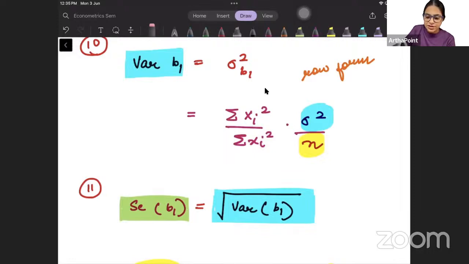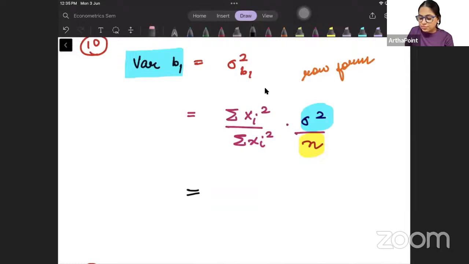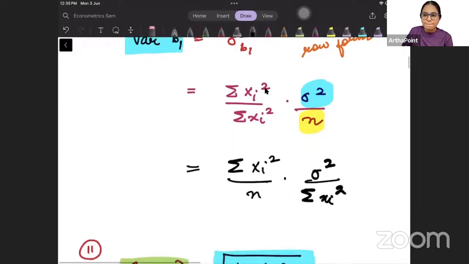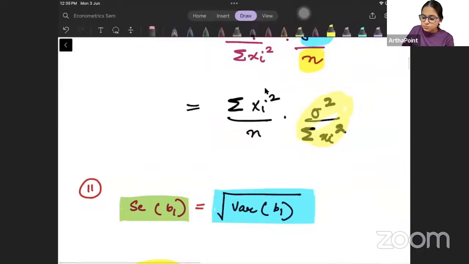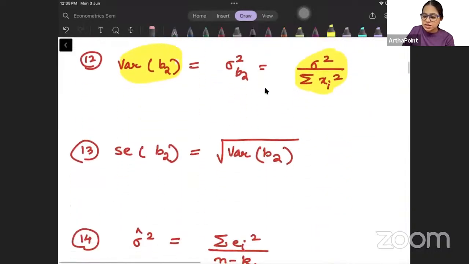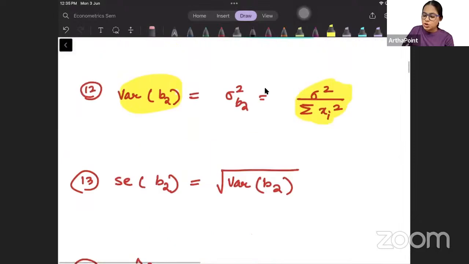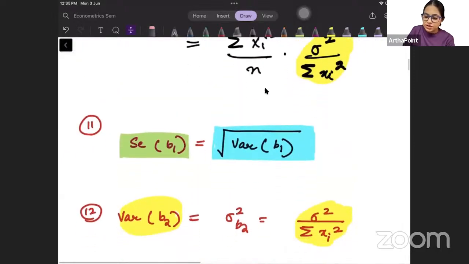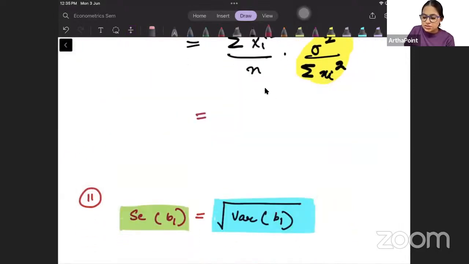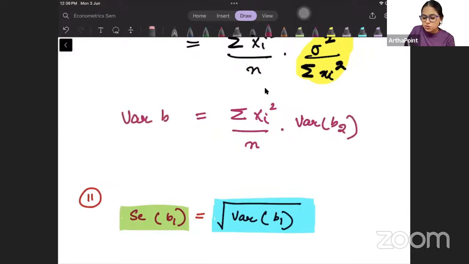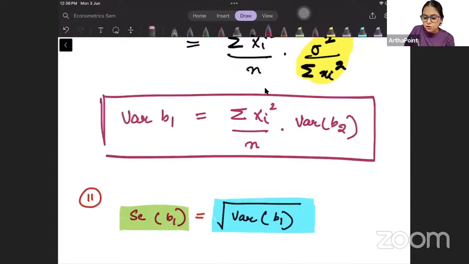Variance of B1 can be rewritten as summation xi square by n into sigma square upon small xi square. And this part, ये वाला जो part है, this is nothing but variance of B2. So we can rewrite this as summation xi square by n into variance of B2. This will be variance of B1.